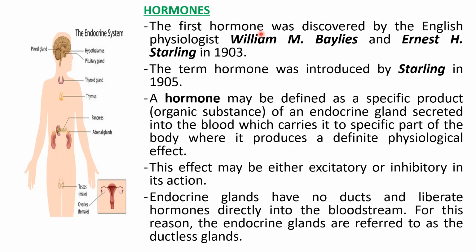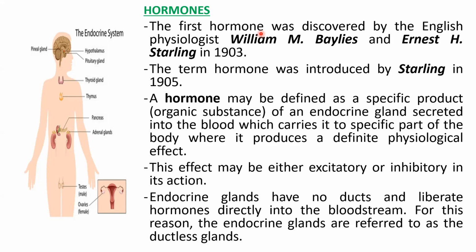Endocrine glands have no ducts and liberate hormones directly into the bloodstream. For this reason, the endocrine glands are referred to as ductless glands. I have told you about that.